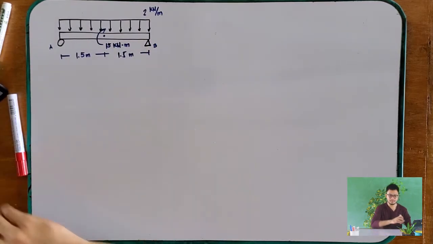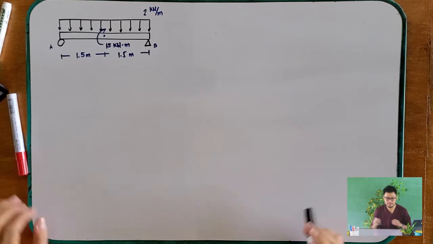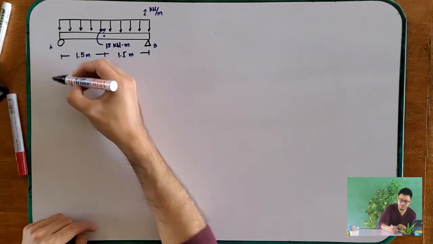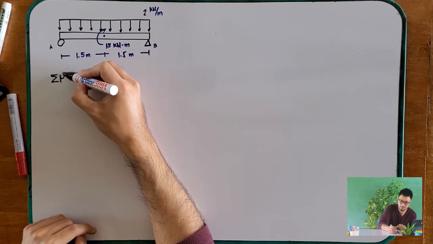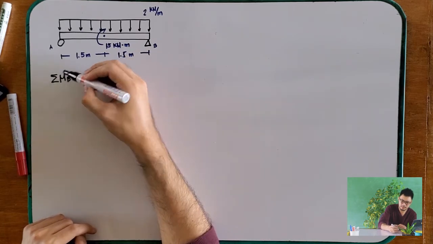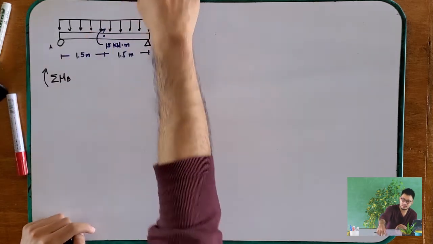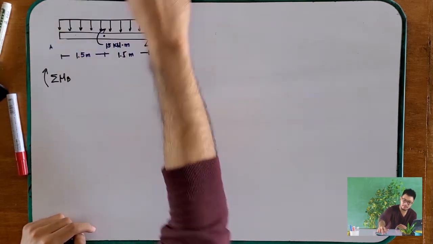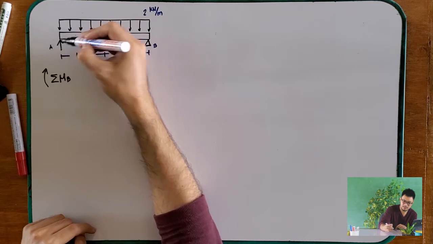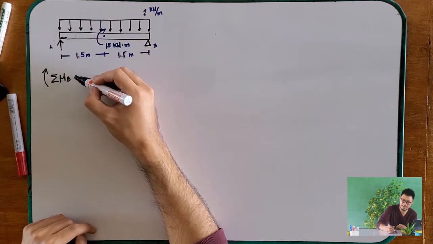Okay. So, first thing to do again is to sum the moments about point B. And assuming, because your A goes this way, di ba? So let's just assume that your AY is positive.